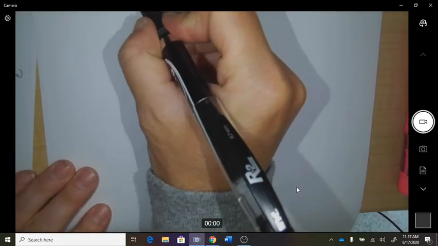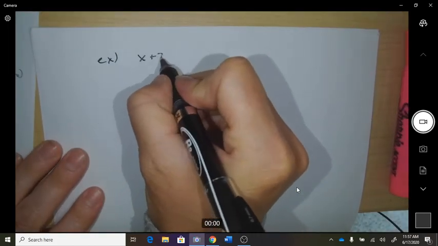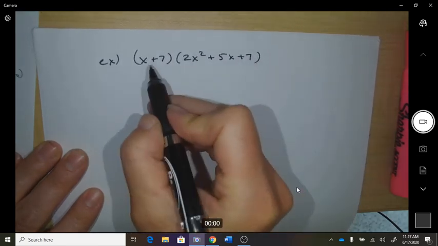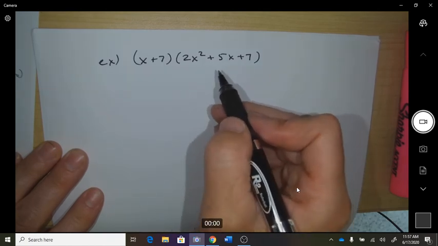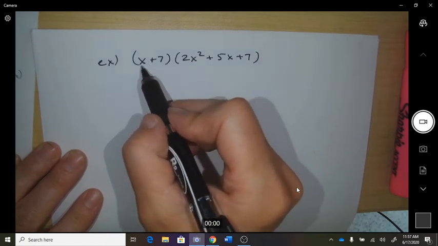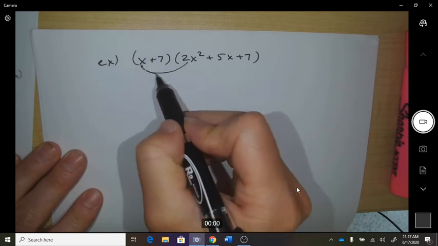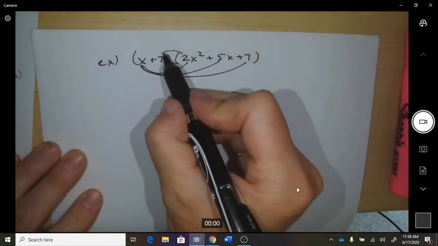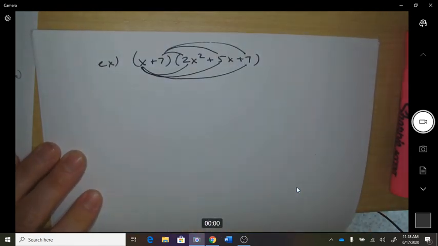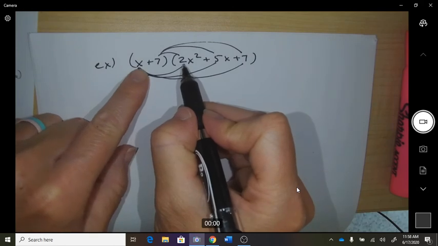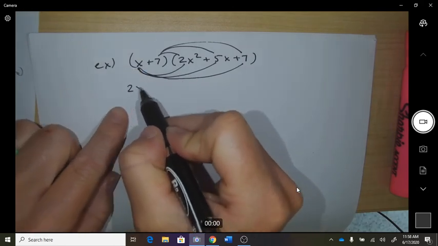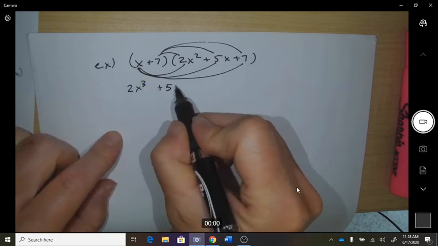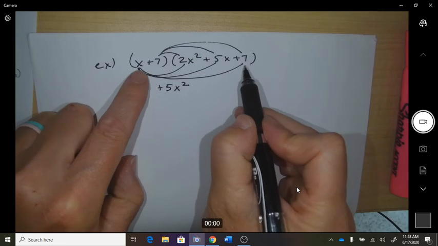And the last example here. x plus 7. Okay, so a binomial times a trinomial. The idea here is that I have to distribute the x through, then I will distribute the 7 through. So here we go, x. We get 2x cubed, and then 5x squared, and then 7x.